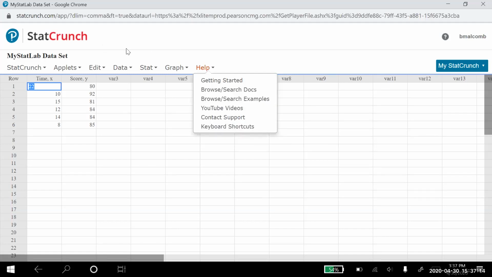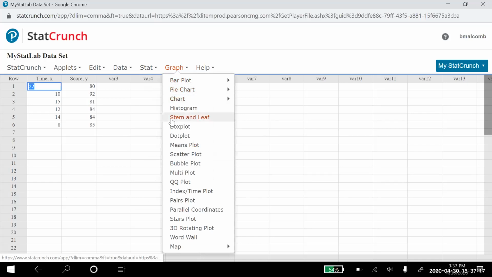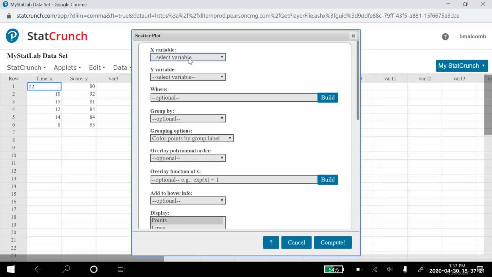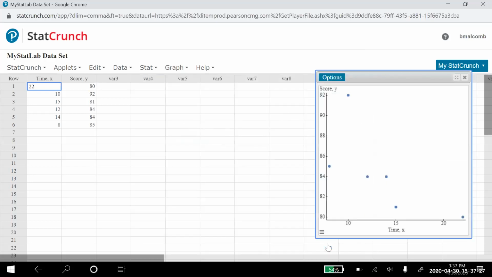Okay, so I'm going to do a scatter plot. So I'm going to go graph, scatter plot. The X variable is time. The Y variable is score. And I just compute, and it's going to give me the graph. And so we see, hey, it looks like as time gets further, as time increases, test score goes down.